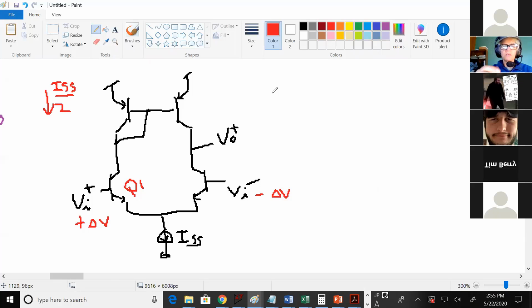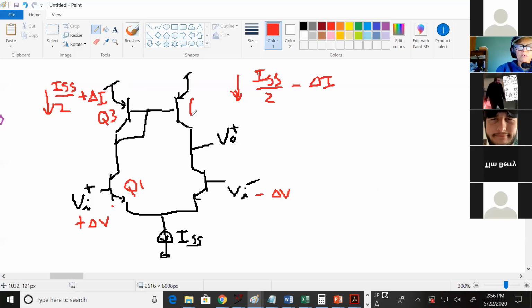Okay, so you had ISS over 2, but now since you changed the voltage, this gets some extra current, and this side gets a little bit less current by the same amount. So this Q1 has turned up its current, and any current going through Q1 is also going through, shall we call this Q3, Q4, Q2.